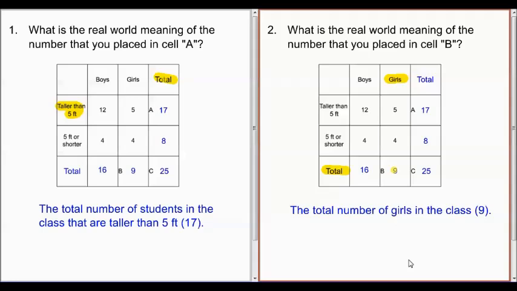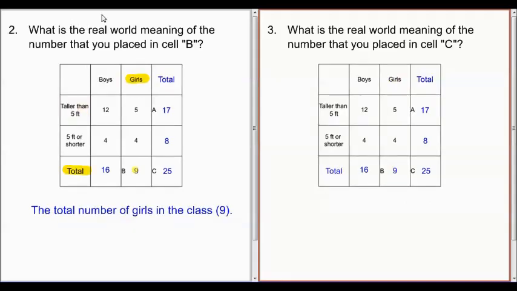So remember, this is an elementary school class that we checked everybody's height, but it's 9 total girls in the class. We don't need to say the number of girls that are taller than 5 foot and 5 foot or shorter. That's everybody. You're one or the other of those. You can't be anything else but taller than 5 foot or 5 foot or shorter. You've got to be one of those. We can just say the total number of girls in the class. Don't make this more complicated than it is.